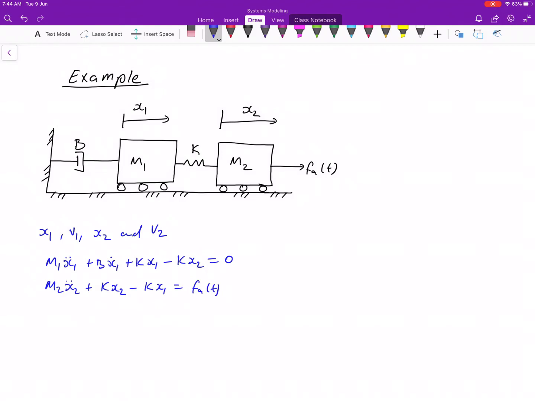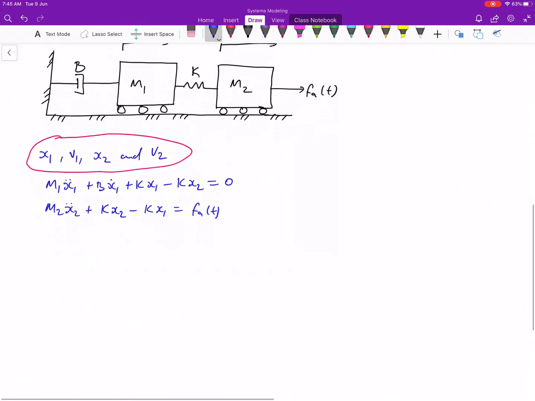And remember, I've chosen the state variables to be x1, v1, x2, and v2. Now we need to find the derivative of those.